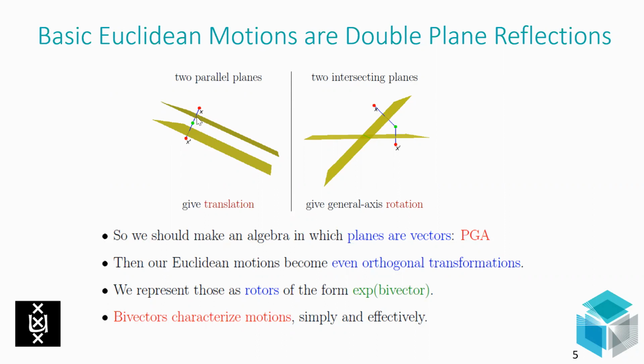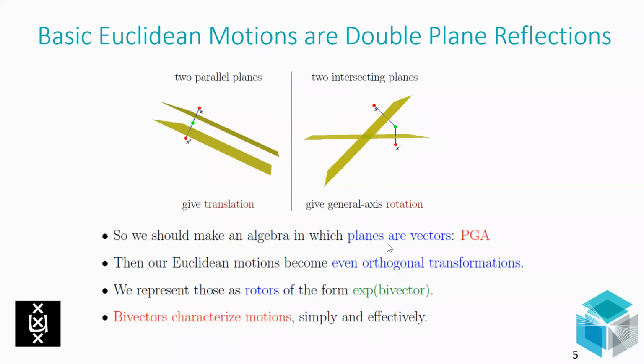If I take such an object X and reflect it, I obviously translate it. If the object had been a line and I have a way of reflecting a line twice, I also get a translated line. So in order to do Euclidean geometry, we should find an algebra in which planes are represented as vectors, because the vectors are going to be the reflectors.